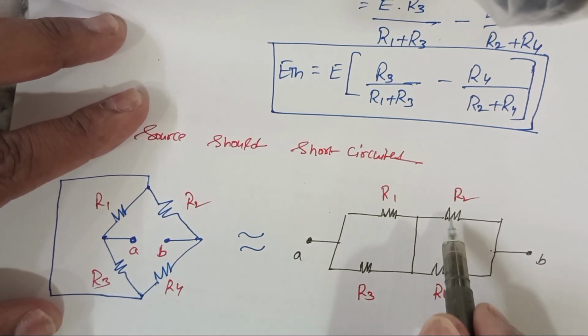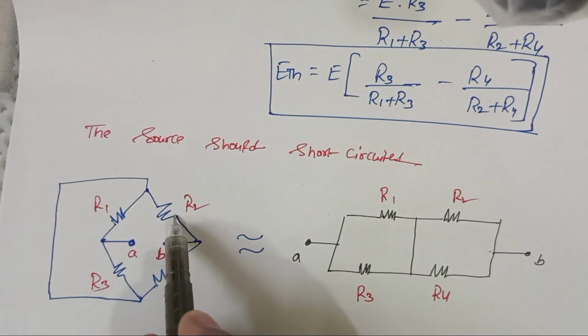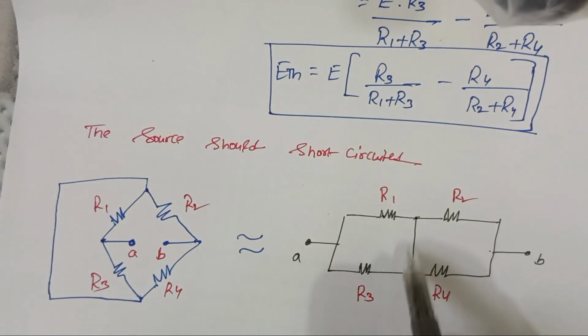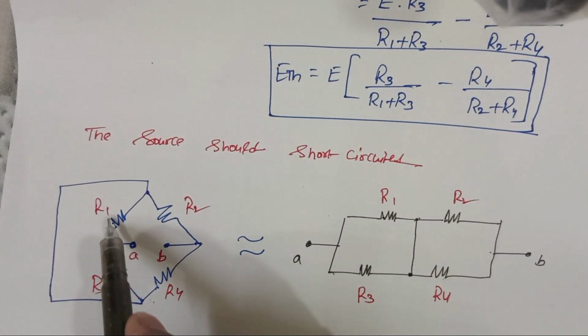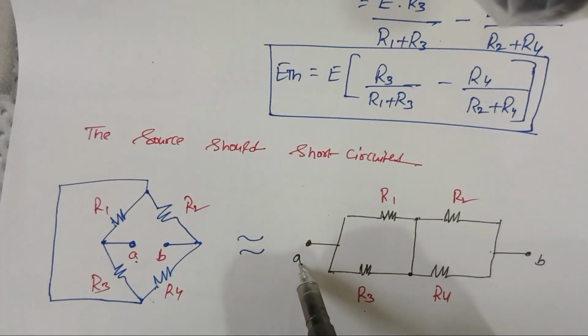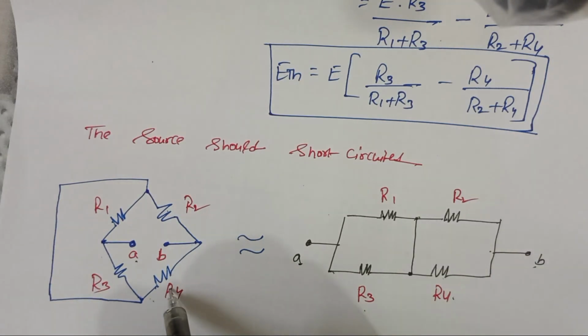In between R1 and R2, we have one terminal of the source, and in between R3 and R4, we have the other terminal of the source. In between R1 and R3 we have A, and in between R2 and R4 we have B.